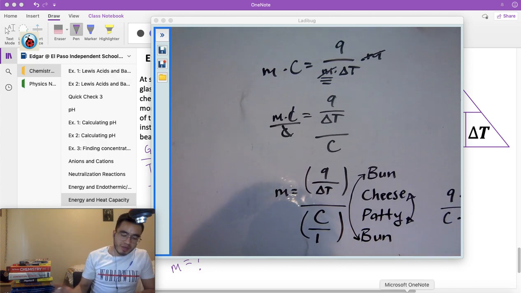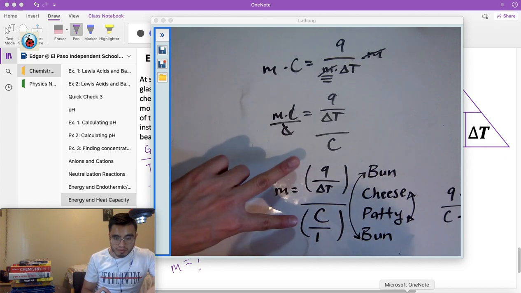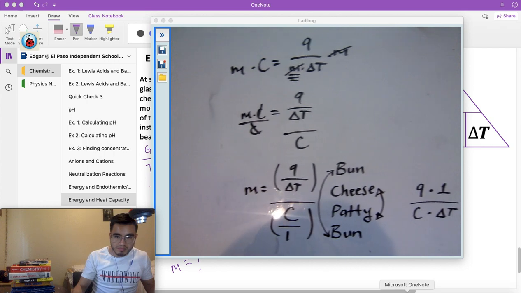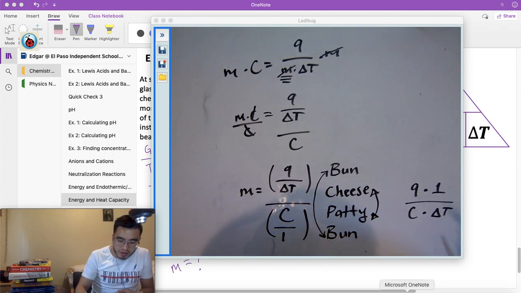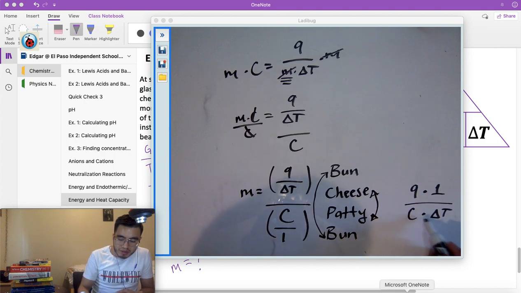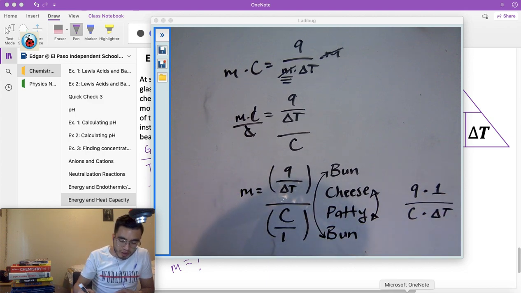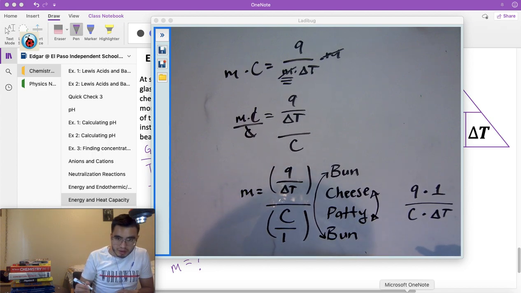You can also think of it as outside, inside. Okay? Oh, you can't see. There you go. So Q times 1, bun times bun, C times delta T, cheese times patty. Q times 1 is just 1. So mass, let me write it over here.